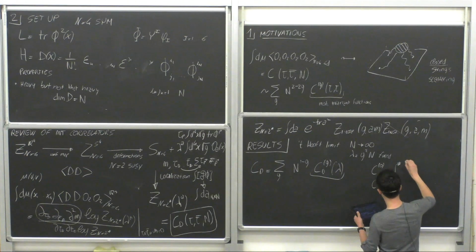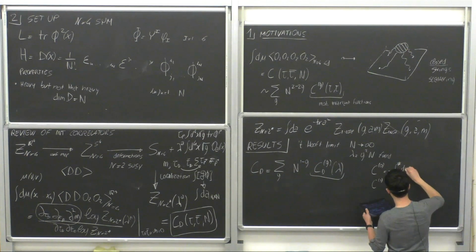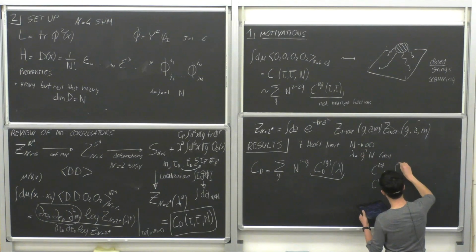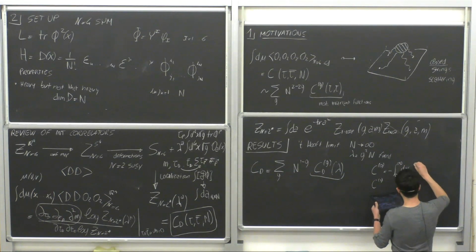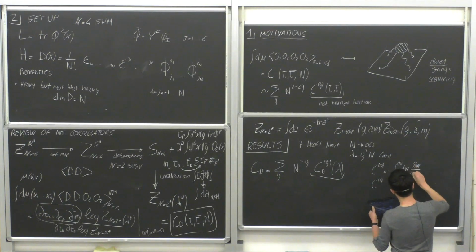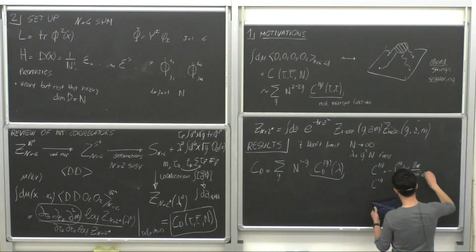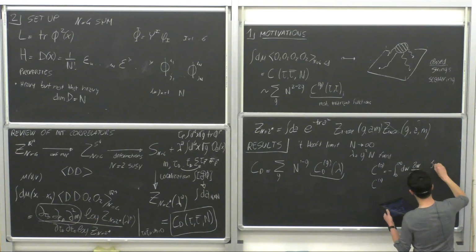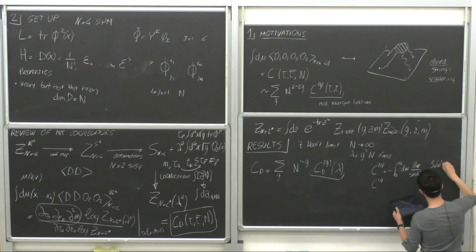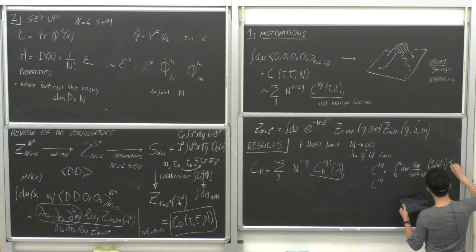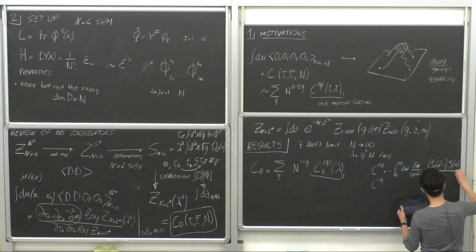This is an integral of a certain parameter, w, 8w over sinh squared of w, J0 of V minus 1, J1 of V over V.